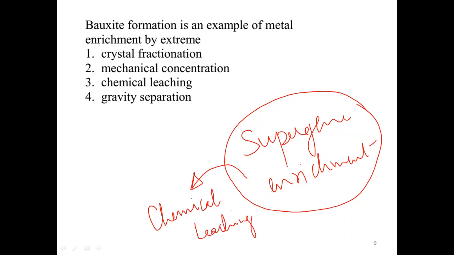We all understand one thing over here, that in chemical leaching, chemically active groundwater or volcanic water or meteoric water reacts with the already existing ore or mineral, and by this reaction we get other minerals which come into the picture and enrich that ore deposit, sometimes also referred to as the process of metasomatism.